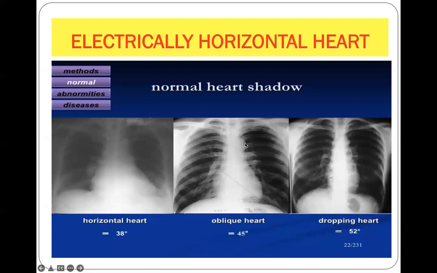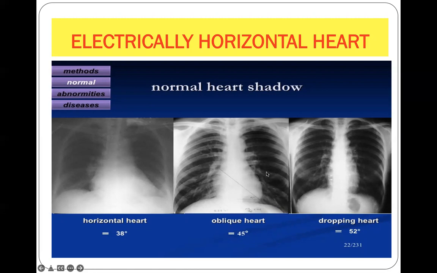What about electrically horizontal heart? I mean that the left ventricle becomes hypertrophied or increases in its size. The most common situation is left ventricular hypertrophy, as in patients with hypertension or patients with aortic stenosis, or some situations that push the heart from below, like presence of ascites or morbid obesity, or in pregnant ladies.